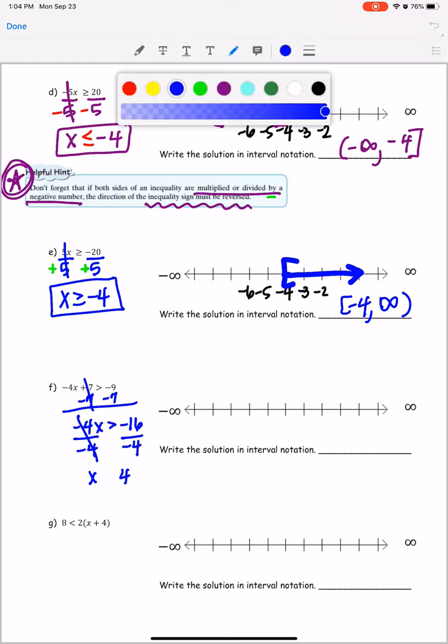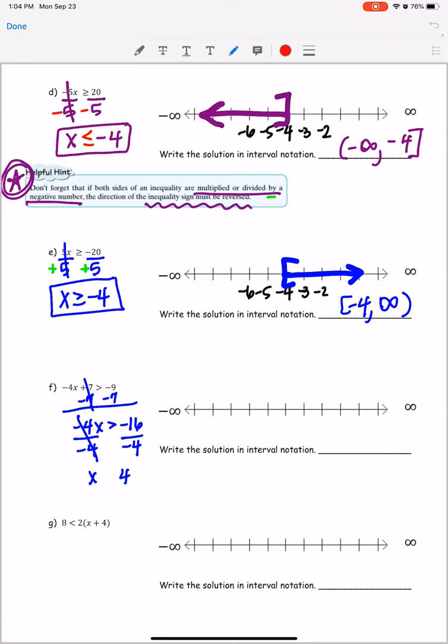Do I need to flip my symbol here? Yes, we do, because we divided by this negative number. This symbol needs to go the other way.